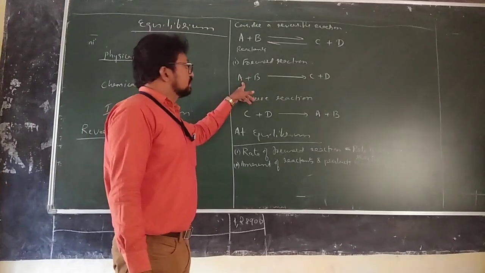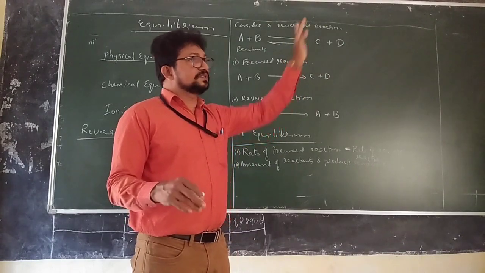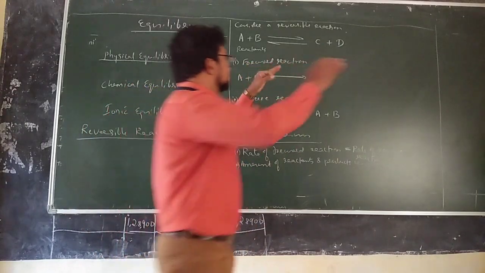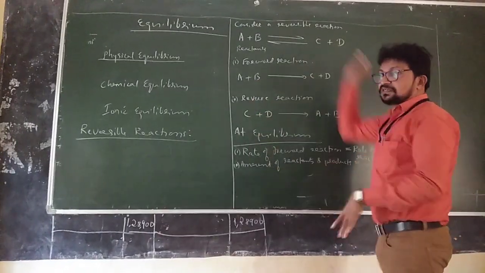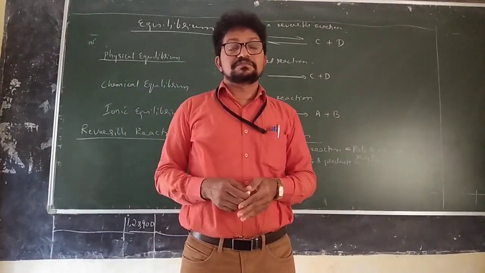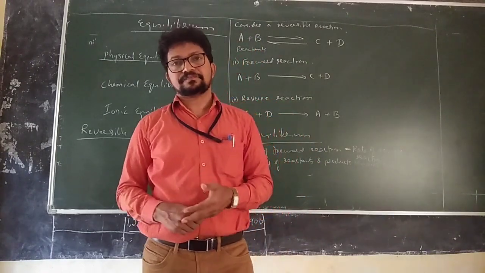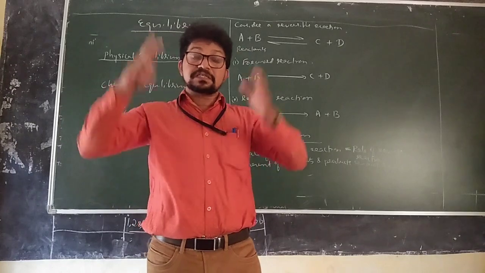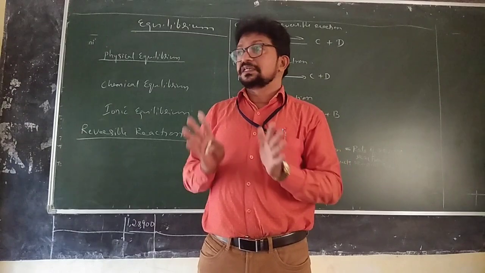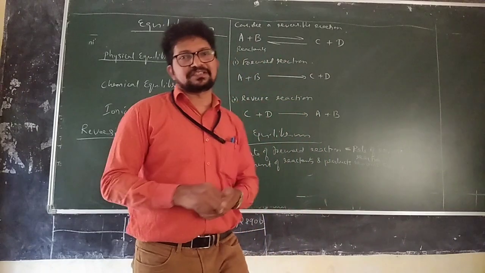That means with whatever rate A and B are giving C plus D, maybe 90% C plus D, forward reaction is favorable. C plus D is also capable of giving back A plus B, and at any point of time after the equilibrium is attained, this amount or concentration of the reactants and products remains the same, and it may lead to a misconclusion.